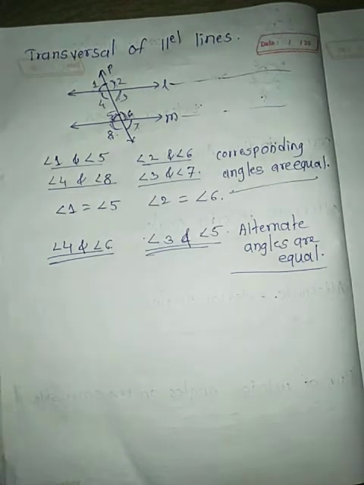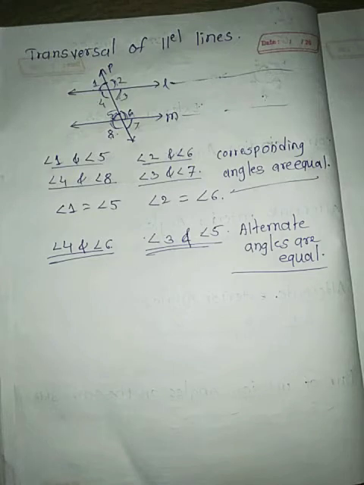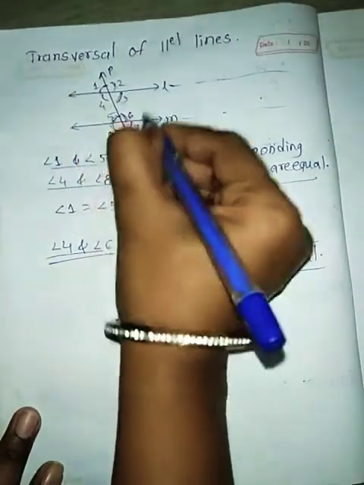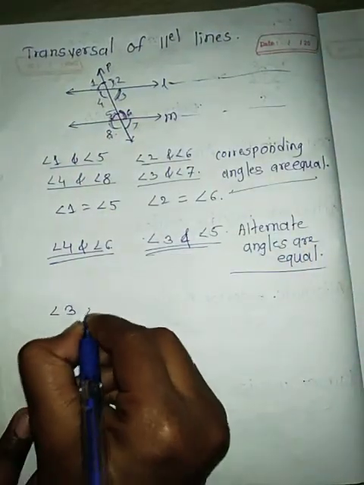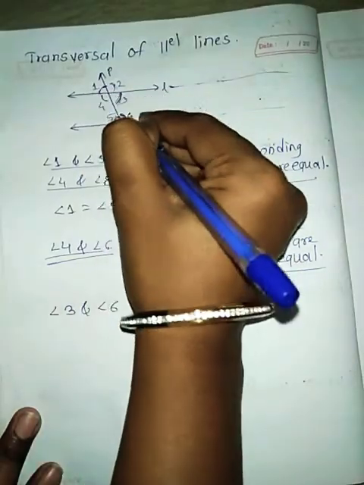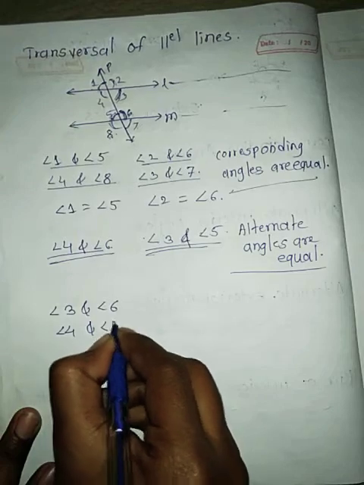Next is pair of interior angles, not alternate angles. Pair of interior angles on the same side: angle 3 and angle 6, and angle 4 and angle 5.